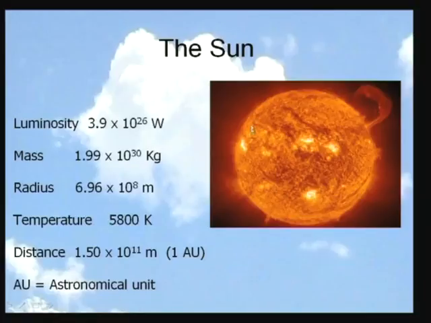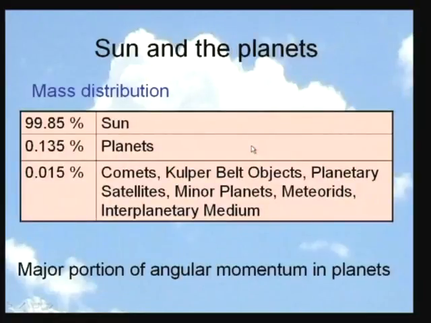So, with this background about the sun, some figures about the sun, this is a picture of the sun. The solar system consists of the sun and the planets, and the sun, as I told you, is the most dominant object in the solar system. It contains 99.85% of the known mass of the solar system.